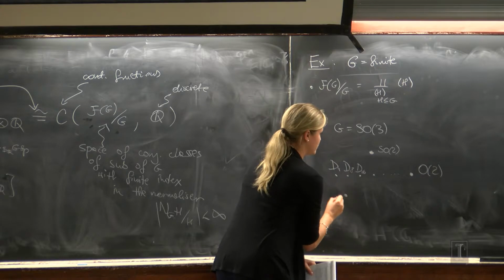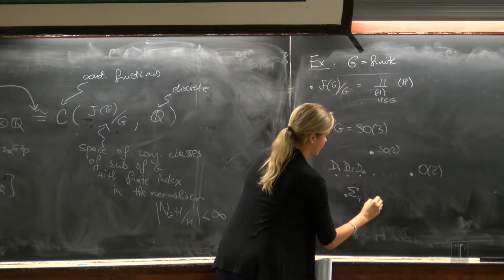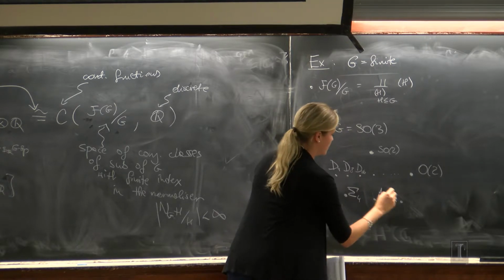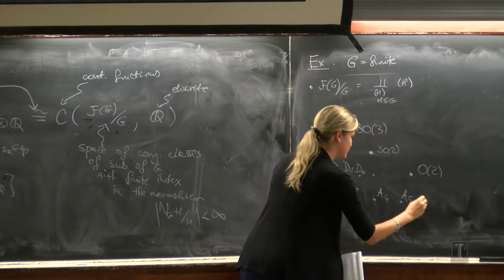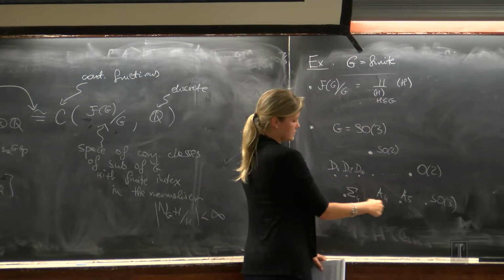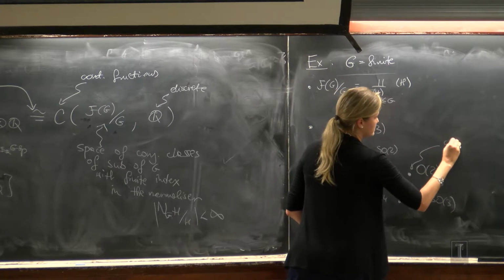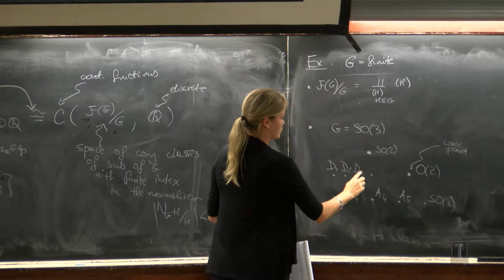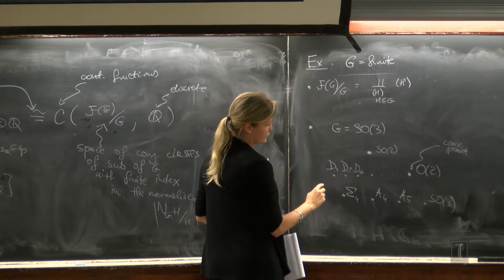I'm going to have some special subgroups as well: the symmetries of the cube, the symmetries of the tetrahedron, the symmetries of the dodecahedron, and SO3 itself. Those are just separate points. This is the only convergent point: the finite dihedral subgroups converging to O2.